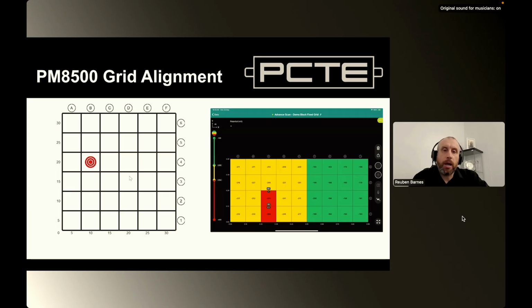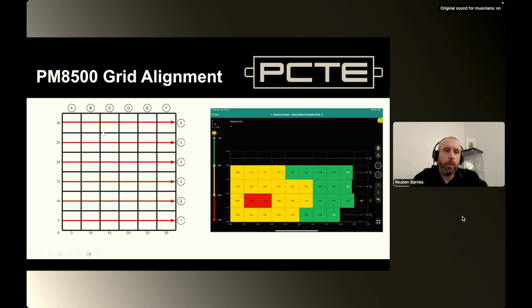Some interesting points here with regards to data collection on the PM8500 is that we've got our grid alignment here. So we've created our grid, and then we're going to put our reference electrode within that grid, and effectively all of our readings get gridded up. We could also use the wheel electrode.